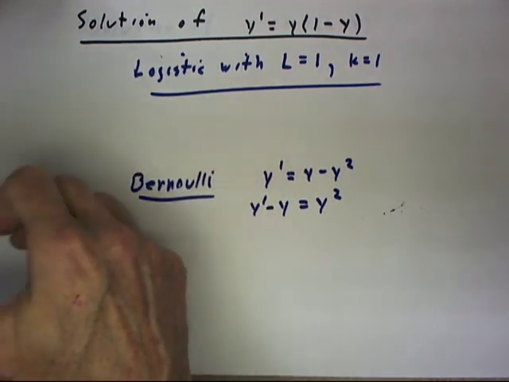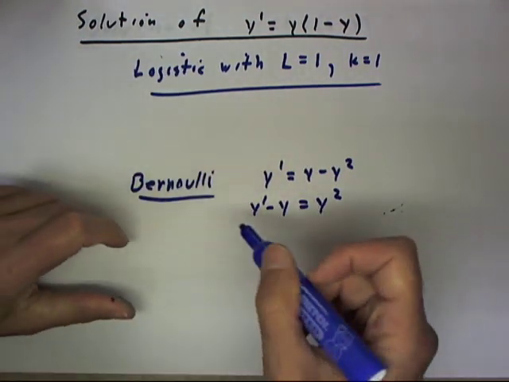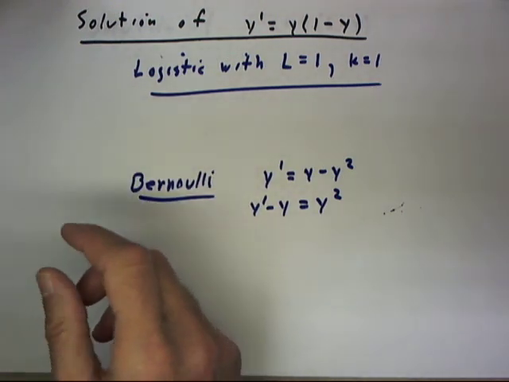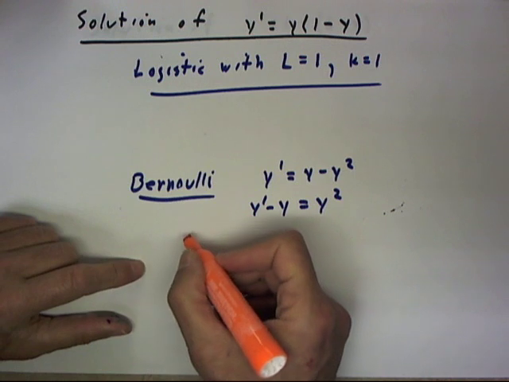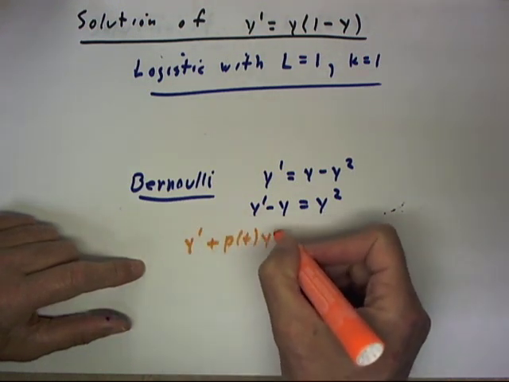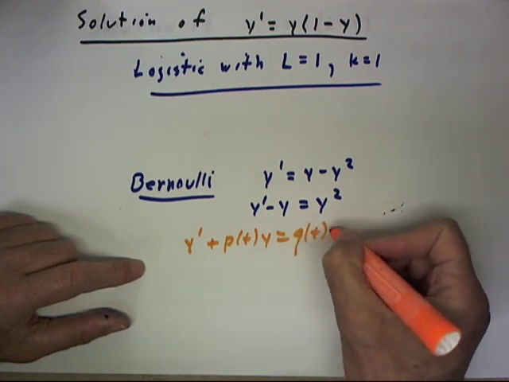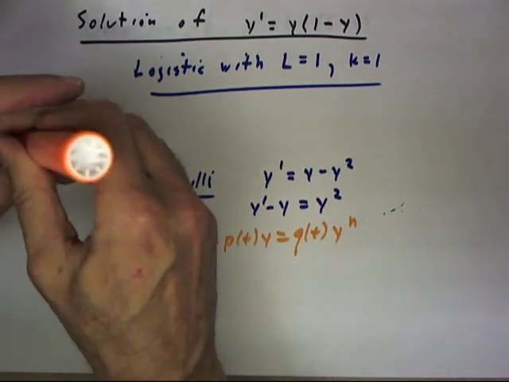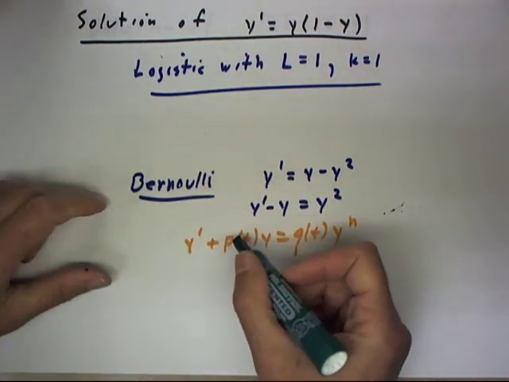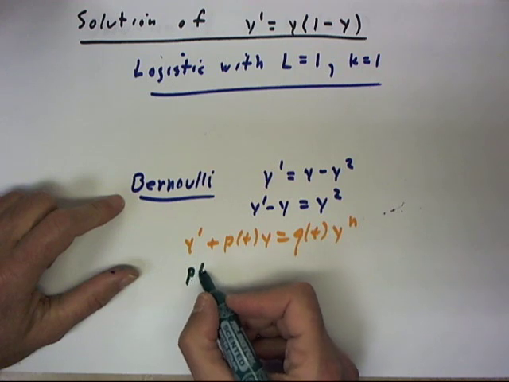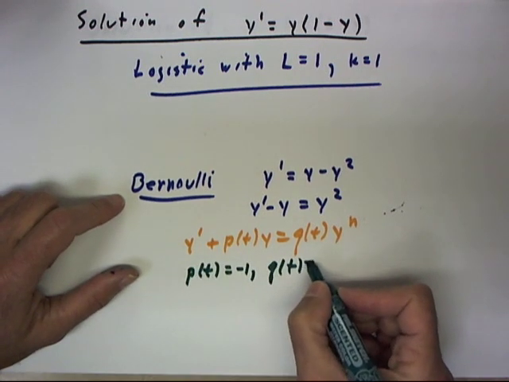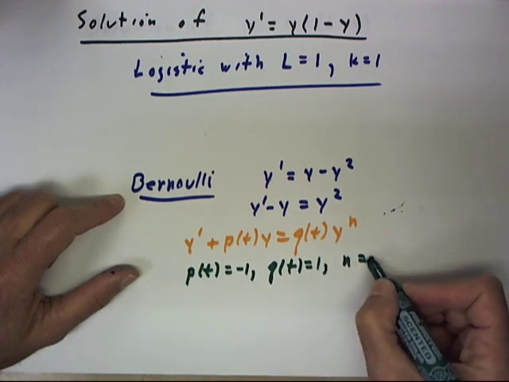That's a Bernoulli equation of the form y prime plus p of t y equals q of t y to the n, and the values here are simply p of t is -1, q of t equals 1, n equals 2.